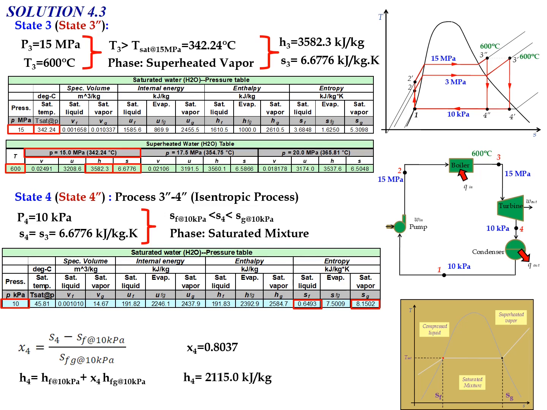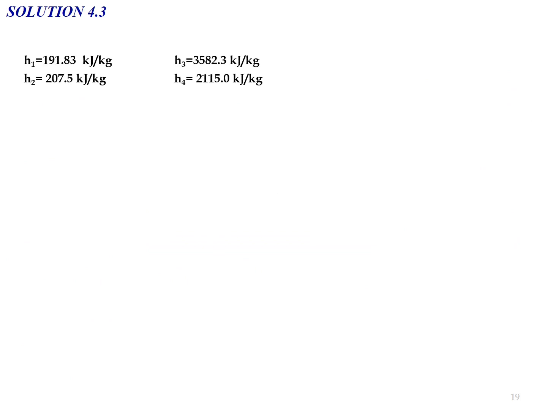So we get H4 equal to 2115.0 kJ/kg. So we already have all the enthalpy values for state number 1 and state number 4. State number 1, in terms of the H1 value, is the same as in question A and question B, but we need to recalculate the values of H2, H3 and H4.